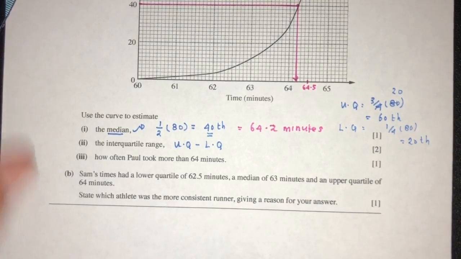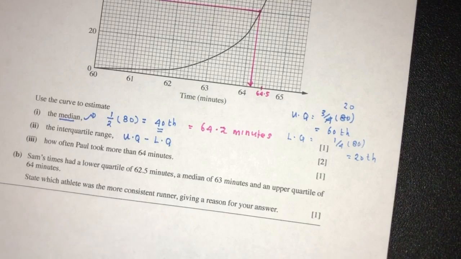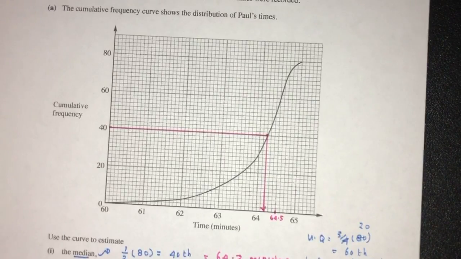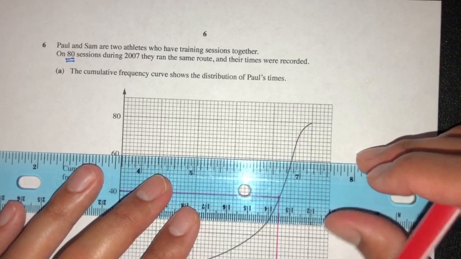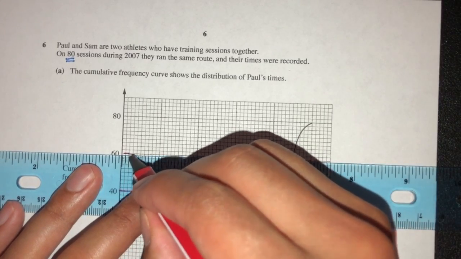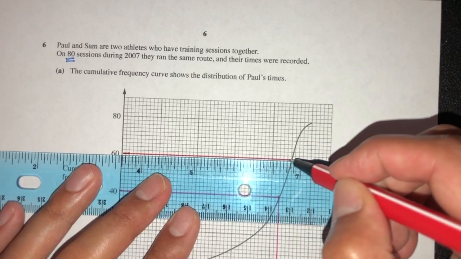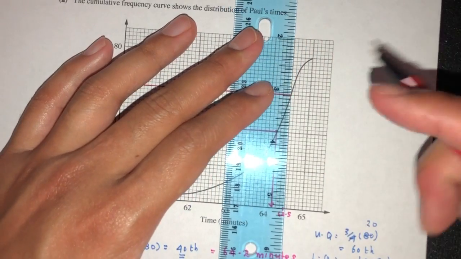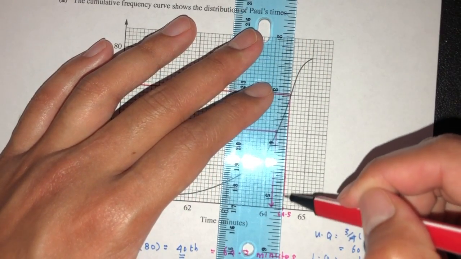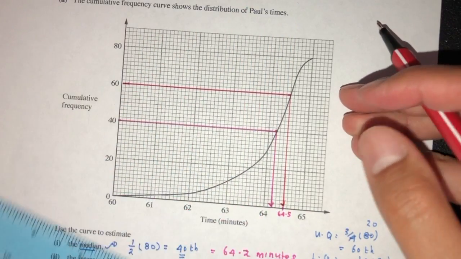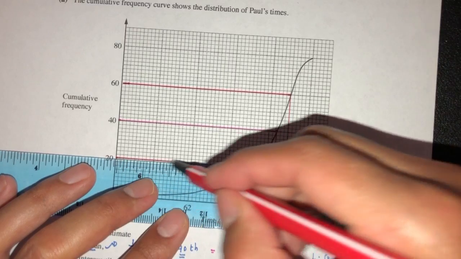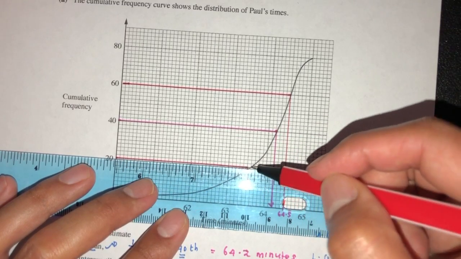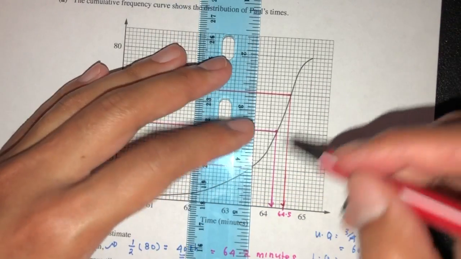So step by step, let's find those values as well. So first one is the 60th element. So 60th is right here, 60th section. That will be this one. The value shows to be 64.5. And the 20th will be right here. And the value shows to be, let's see, this value here is what?